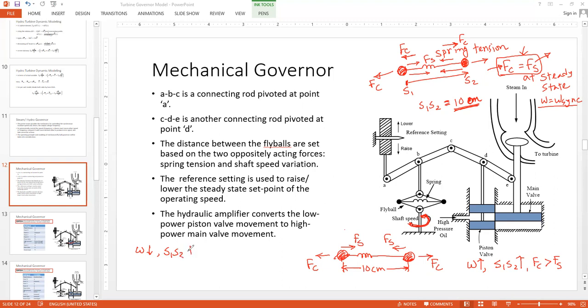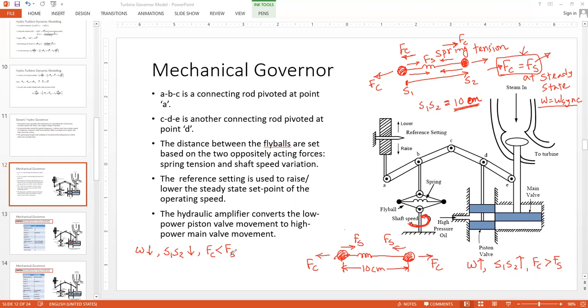The spring tension would go higher. So compared to 10 centimeter, S1, S2 would decrease because the centrifugal force is now less than the spring tension. Clear? Yes, sir. Okay, thank you.